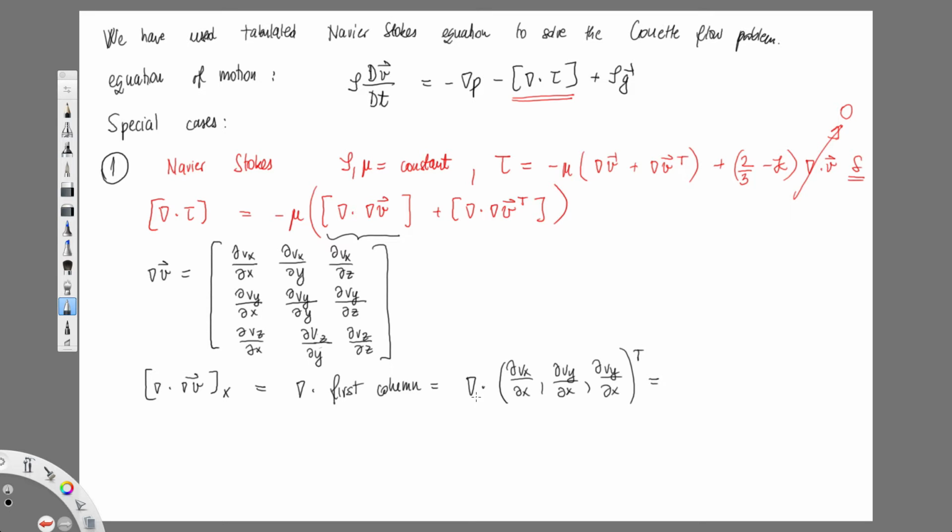So how does divergence work? It takes partial x of the first, partial y of the second, and so forth. So basically I'm going to have the double derivative in x plus partial squared y. This is going to be partial y, partial x, plus partial z. Is this supposed to be z? Yes, it's supposed to be z.